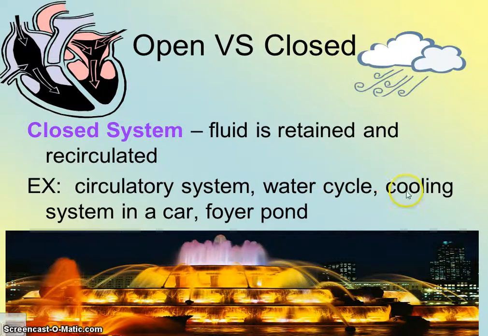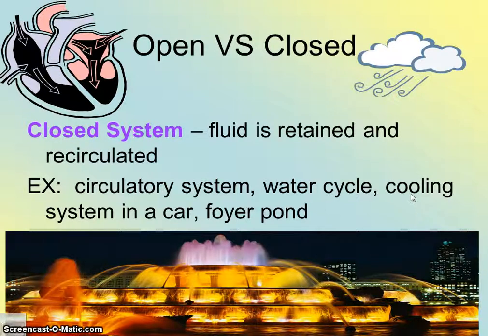I have here a cooling system in a car. With that, basically your cool air is coming into the car, provided that you're not opening your windows. But it's recycled within the car.